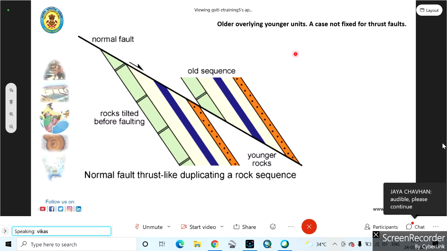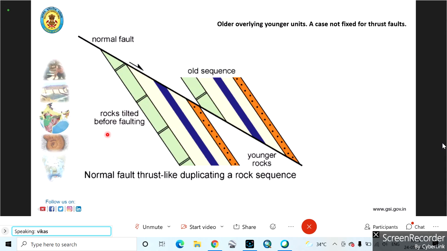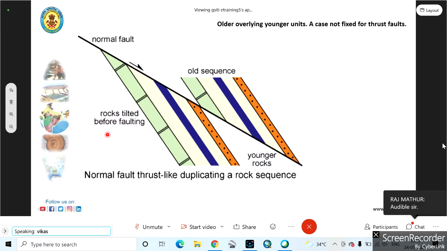Okay. All right. So here you can notice that the older beds are overlying the younger bed. Say the green part is over the orange one, in the central part actually. So that can also happen in the case of a normal fault.